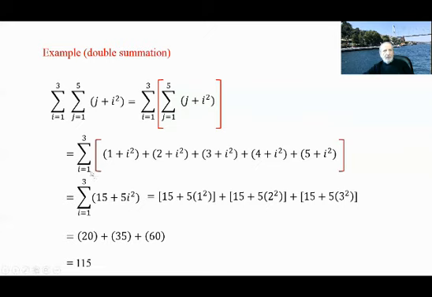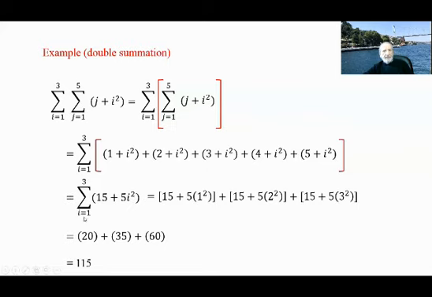So sigma from i equals 1 to 3, so i is kept as is. Here, when you replace j by 1, 2, 3, 4, and 5, you get 1 plus i squared, 2 plus i squared, 3 plus i squared, 4, etc. When you add those, 1, 3, 6, 10, 15, you get 15 plus 5 i squared.